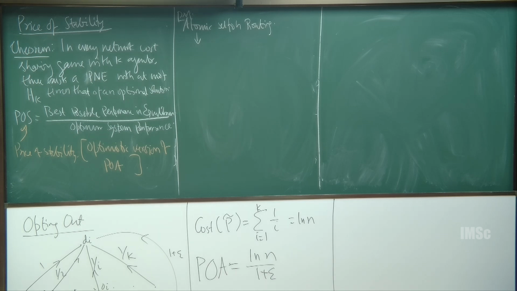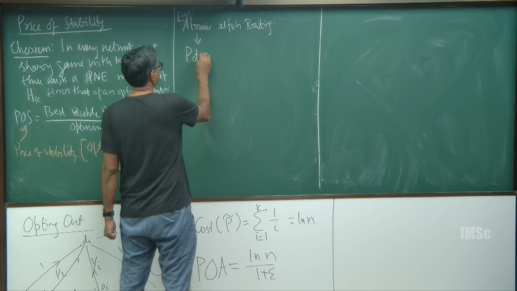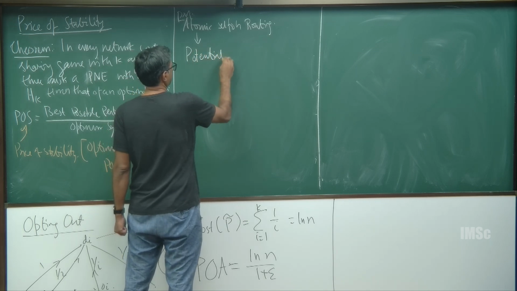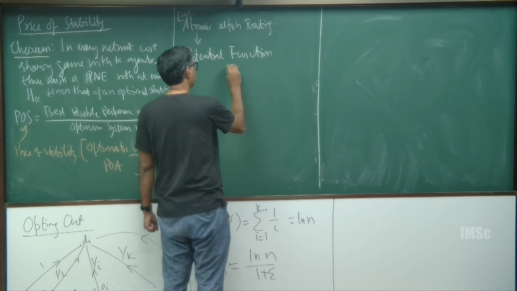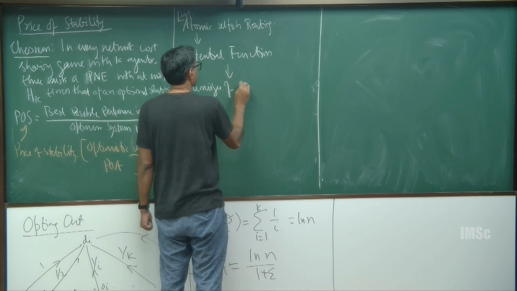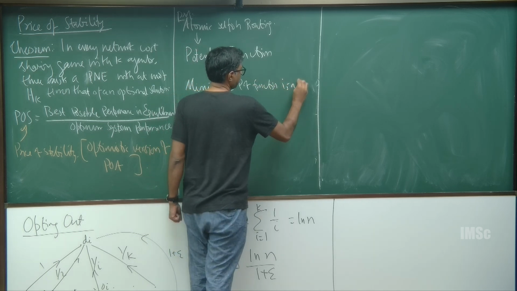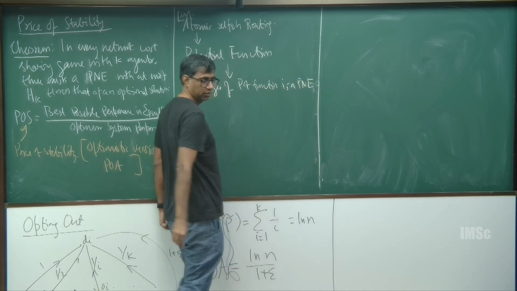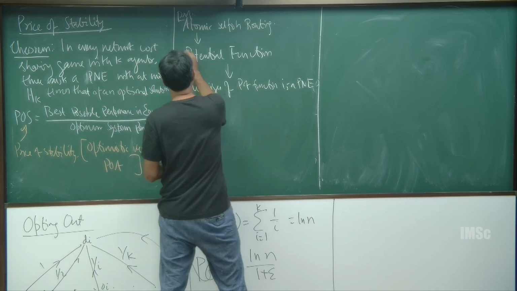So how is it going to work? We are going to define a potential function, and I am saying that the minimizer of my potential function is a pure Nash equilibrium. So this is step 1.